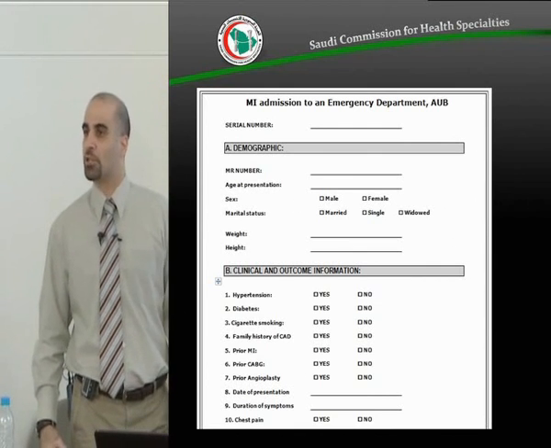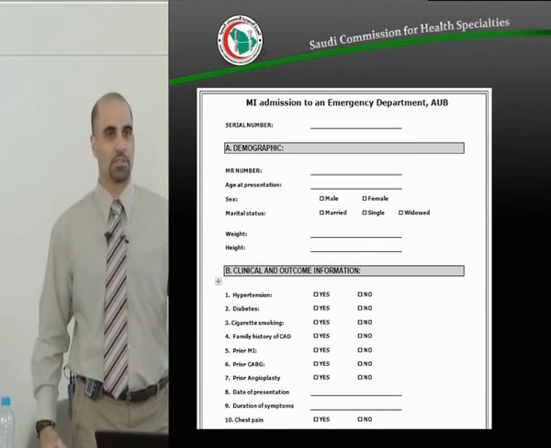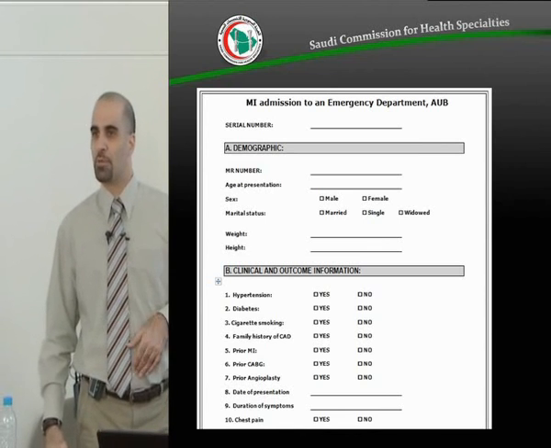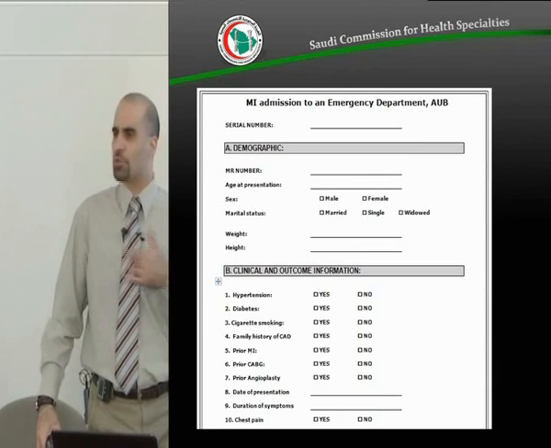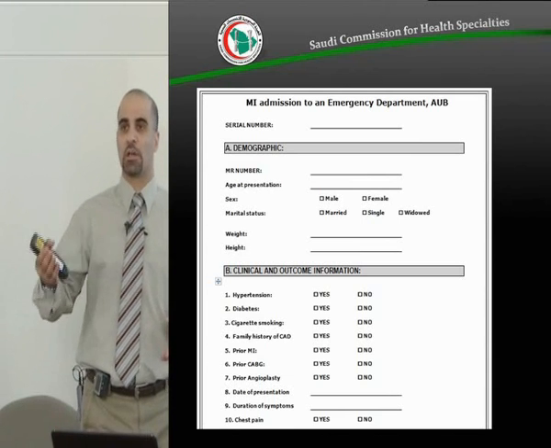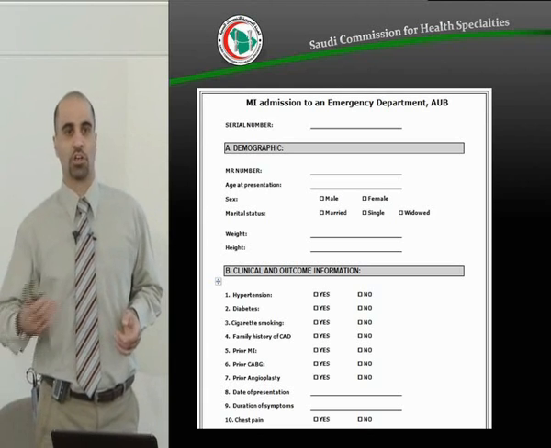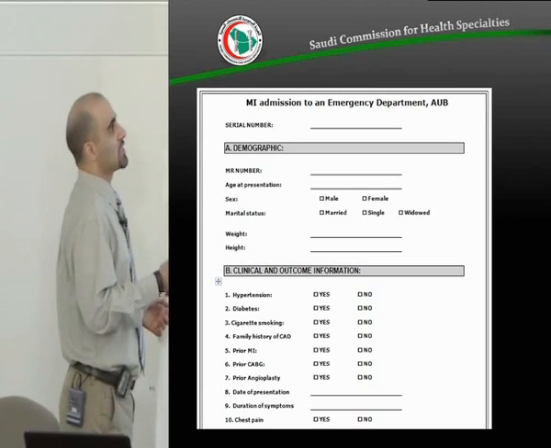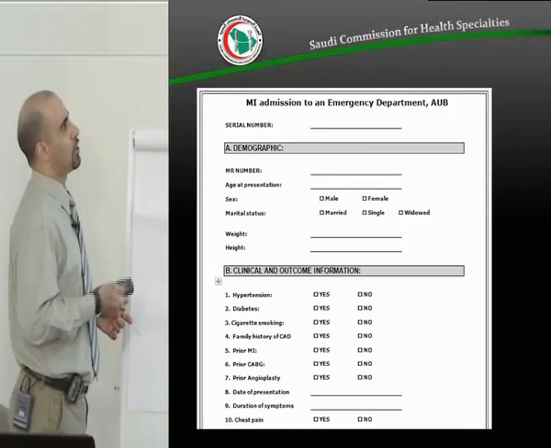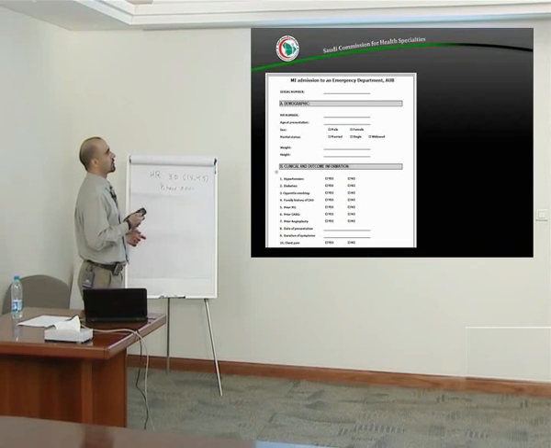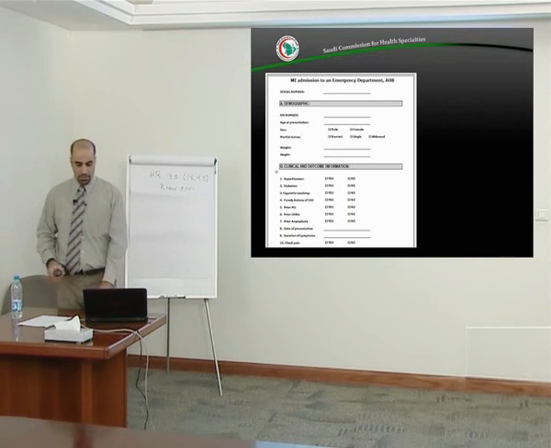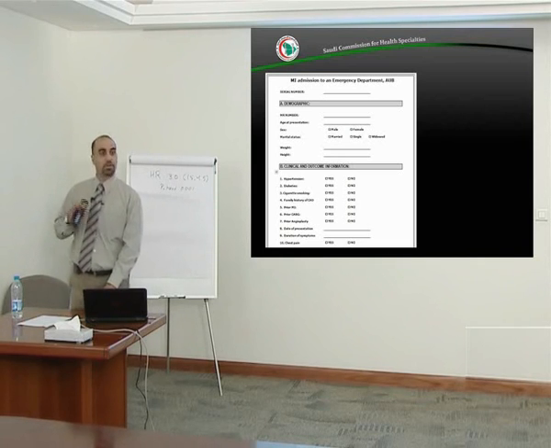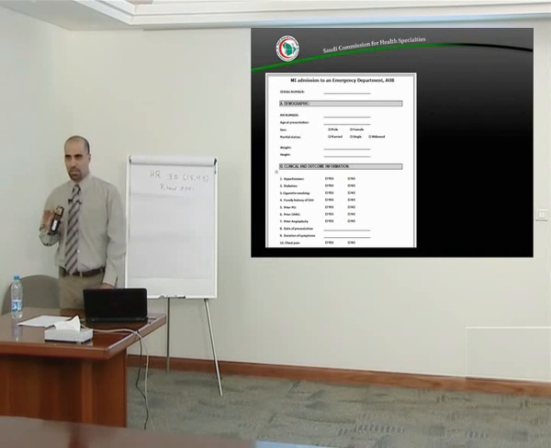In other words, they want to see what the age distribution is, what the gender distribution is, what the admitting diagnosis is, and what the outcome is: the survival, the discharge, and so on. So this is a questionnaire that people developed with the serial number, medical record number, age at presentation, the sex of the patient, marital status, and so on. Again, I'm not talking about the content now because it depends on the study and the objective that you have.